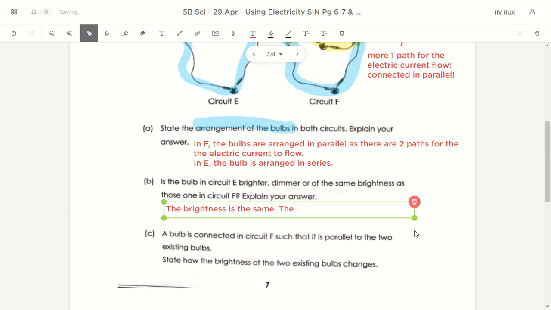Because very simple, brightness depends on electric current, and the electric current flowing through the two bulbs in circuit F is the same as the electric current flowing through the bulb in E.